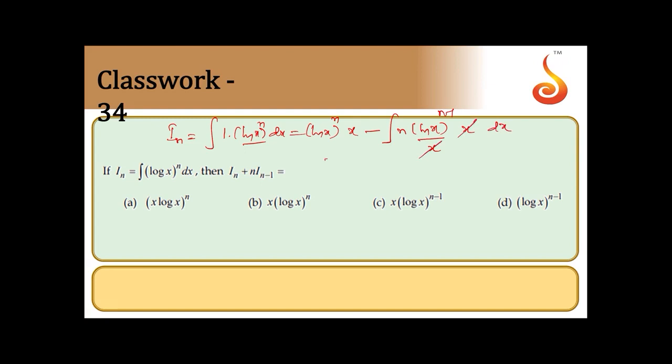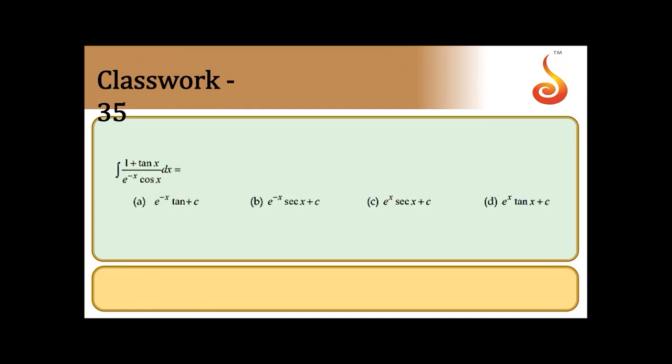This x gets cancelled, and this is x log x to the power of n minus n times In minus 1. So In plus n times In minus 1 is equals to x into log x to the power of n. I think it is option B. Yes, of course, option B is the answer. Coming to 35.